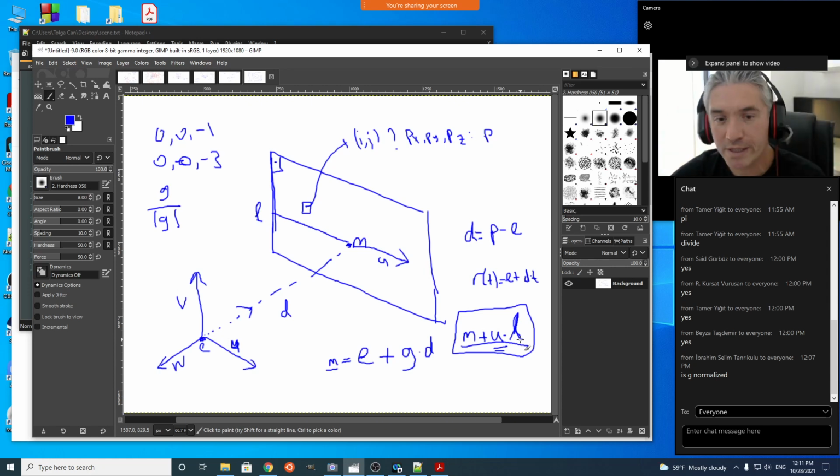L is given to us as the left boundary, which in a symmetric case will be some negative value. So m plus u times L will get you directly at the left edge of the image window. So, going in the U direction, L units.